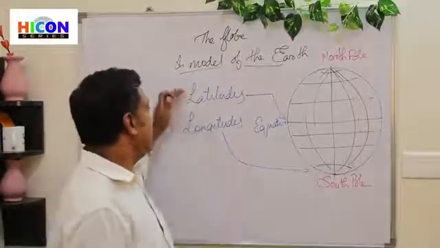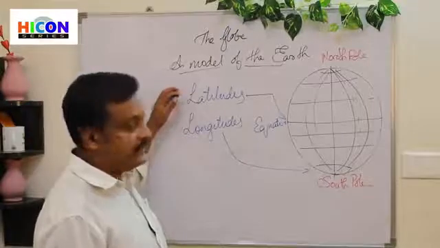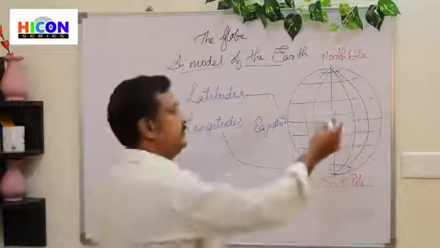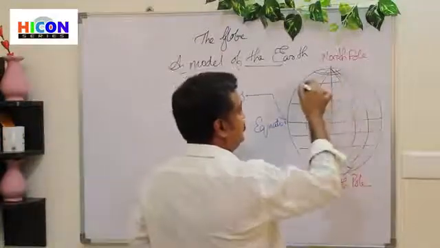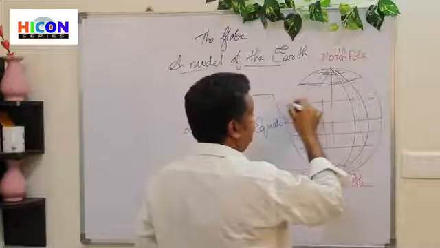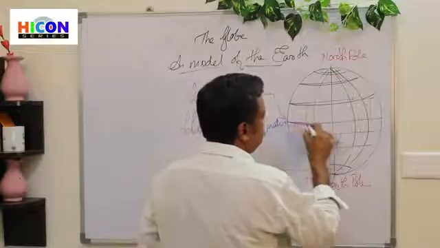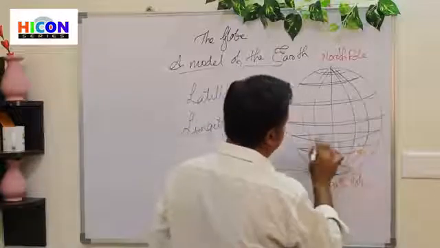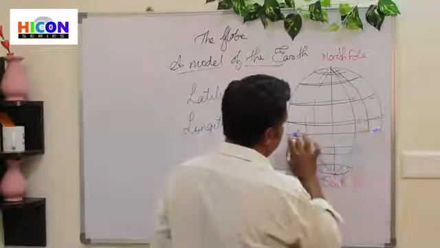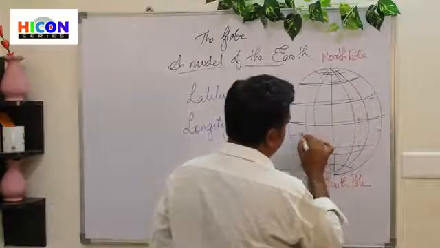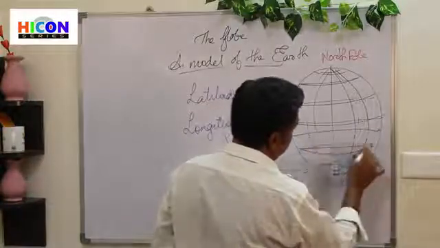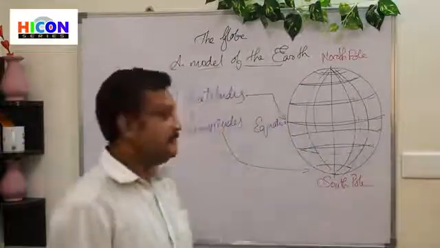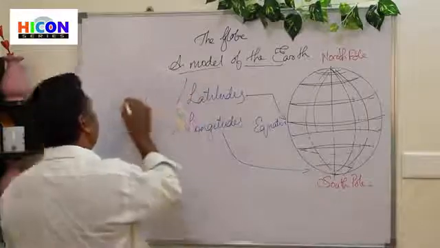Means here we have a line, and parallel to that there is another line, and another line parallel to it. It goes on like that, okay? They are known as latitudes or parallels.